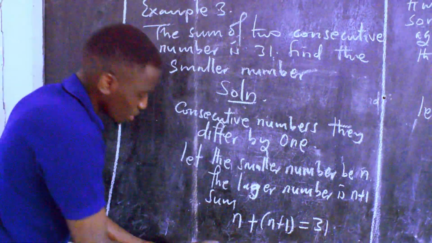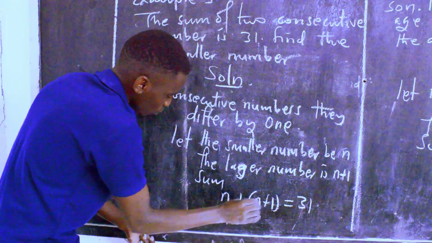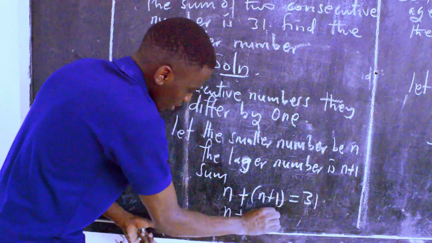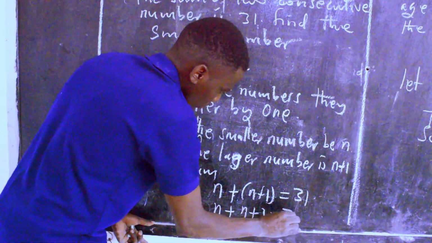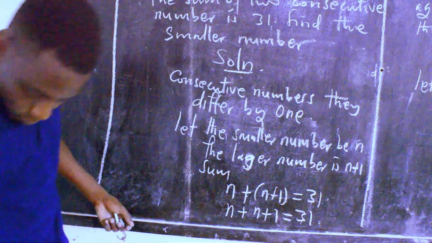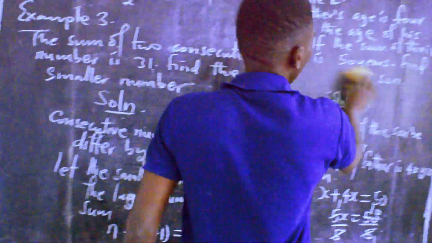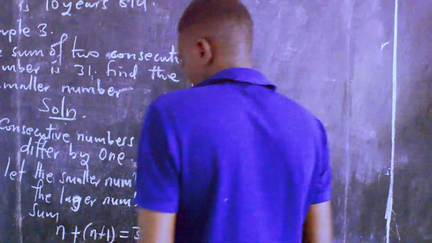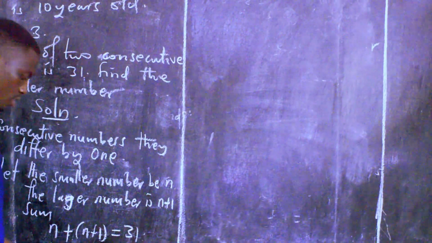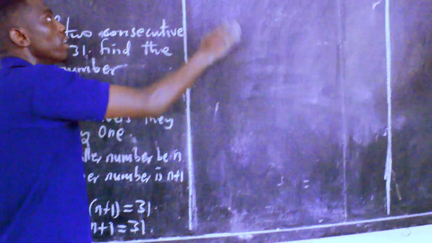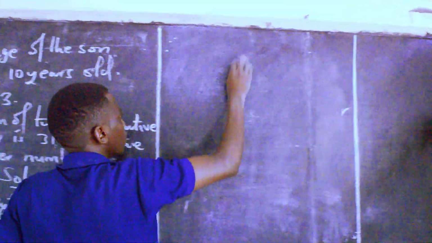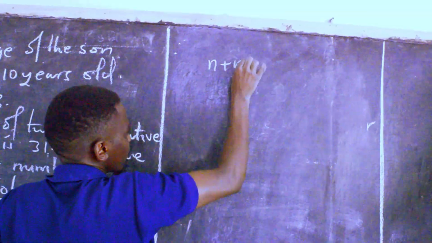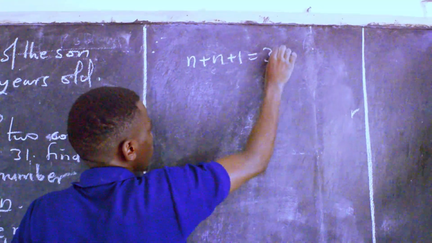So from there you open the bracket. It will be n plus n plus 1 equal to 31. So you have 2n plus 1 is equal to 31.